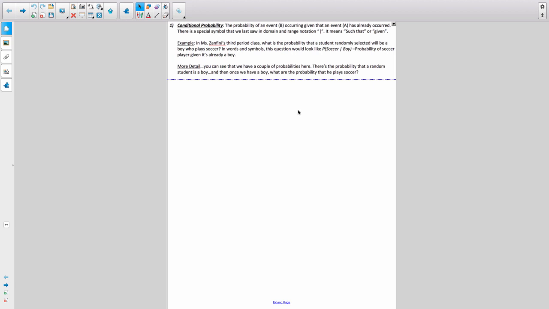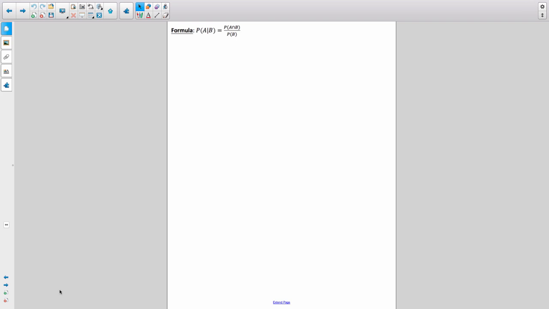So let's make a table and see if we can calculate this. All right, first, here's the formula. The probability of A given B can be calculated as finding the probability of A intersect B divided by the probability of B alone.